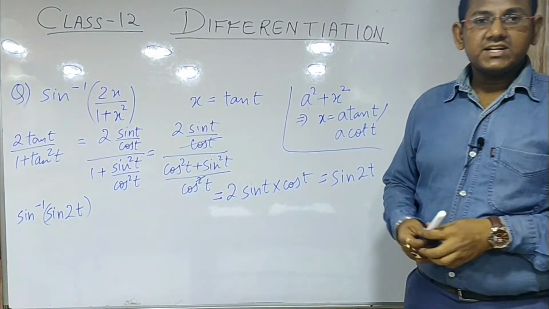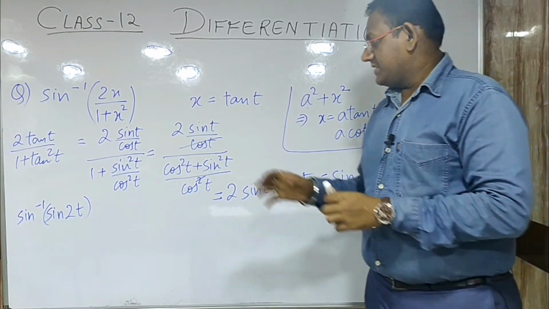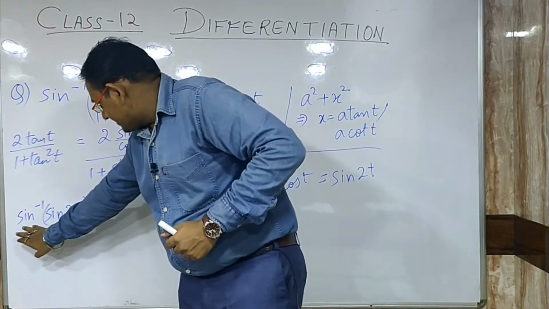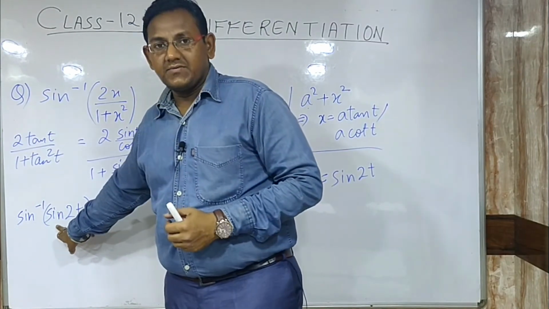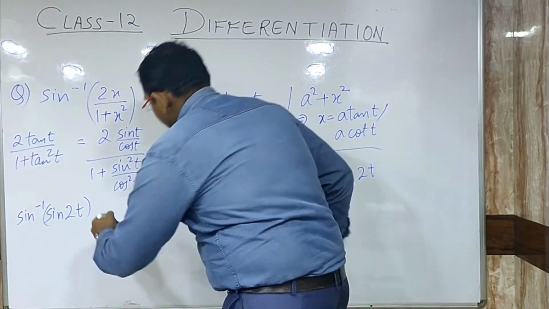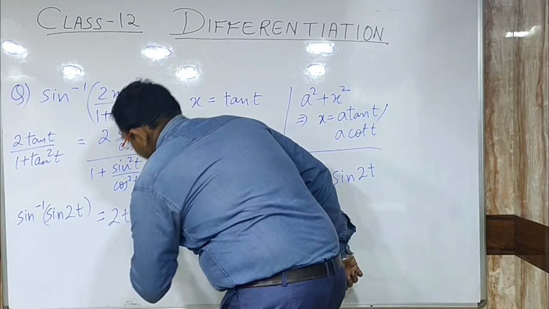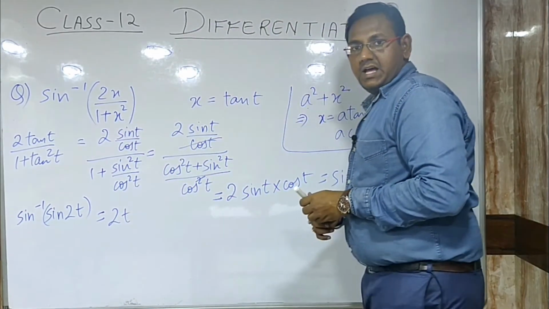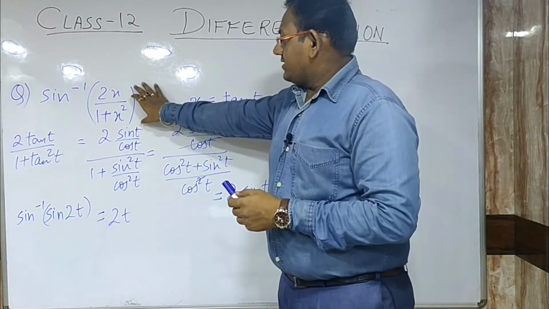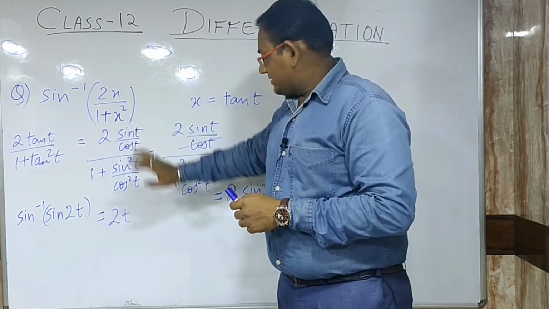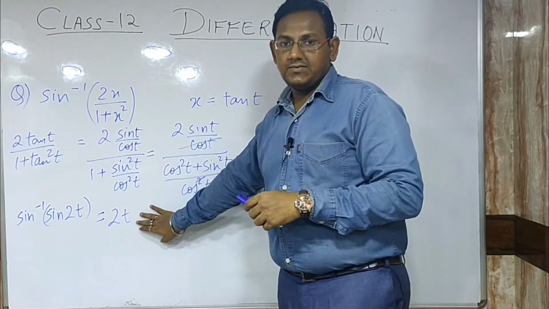Now in inverse trigonometric functions, there is a concept that whenever we get sin inverse of sin 2t, the inverse and the trigonometric function cancel out each other, and we get 2t over here. Now the only problem is the starting question is present in the form of x, and the final answer is coming in the form of t.